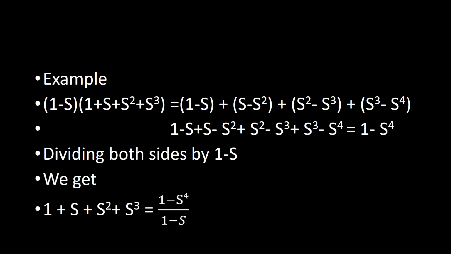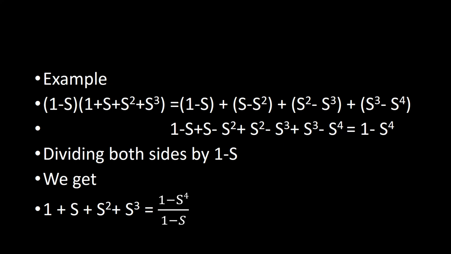What you've just done is this: you've taken 1 times 1 minus s, plus s times 1 minus s, plus s squared times 1 minus s, plus s cubed times 1 minus s, which has given us all these terms.